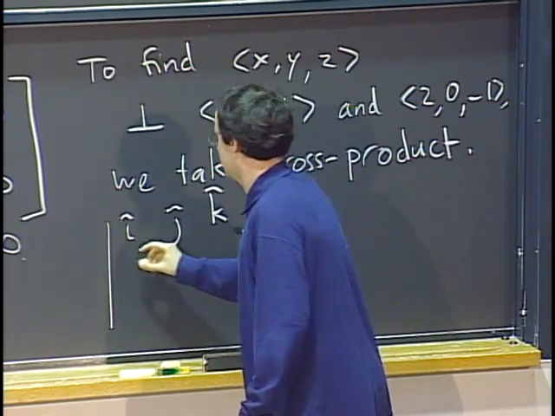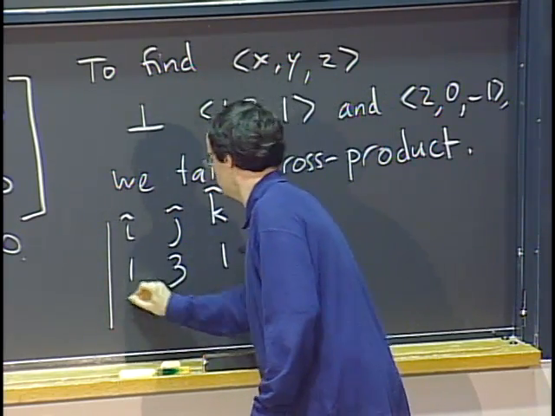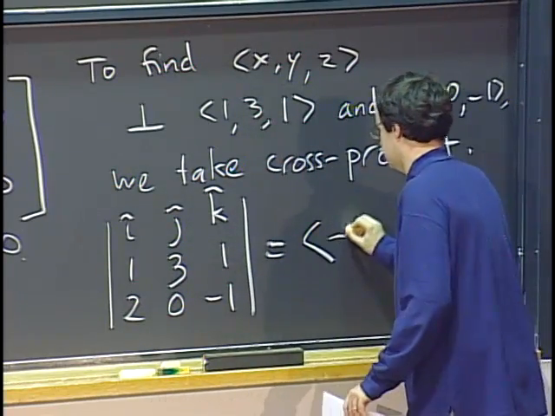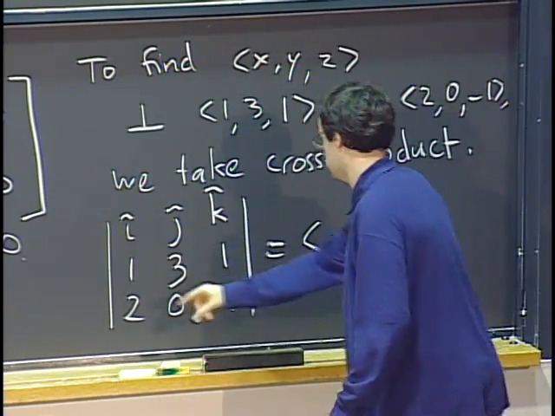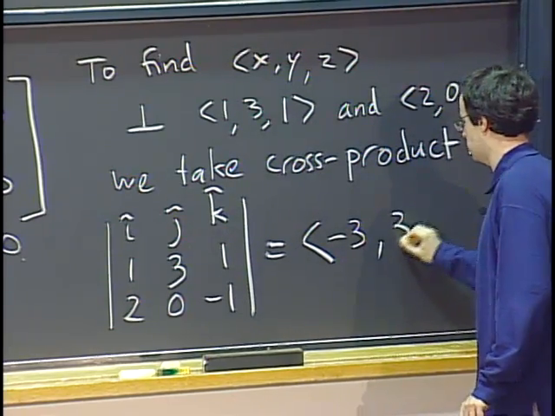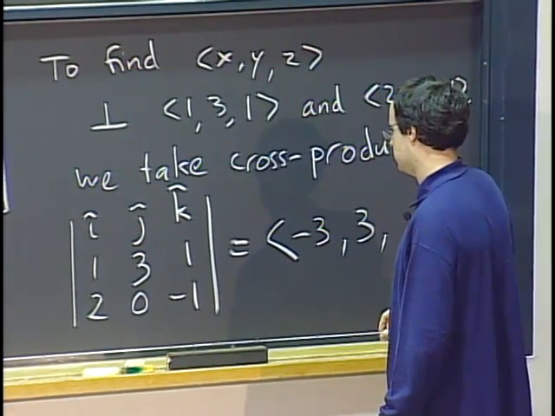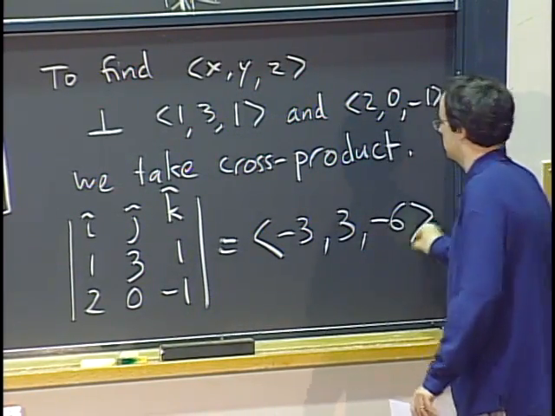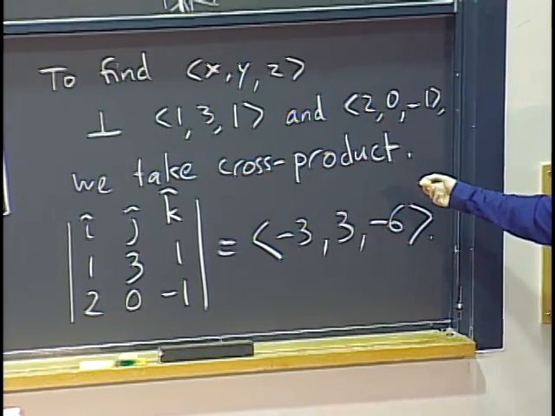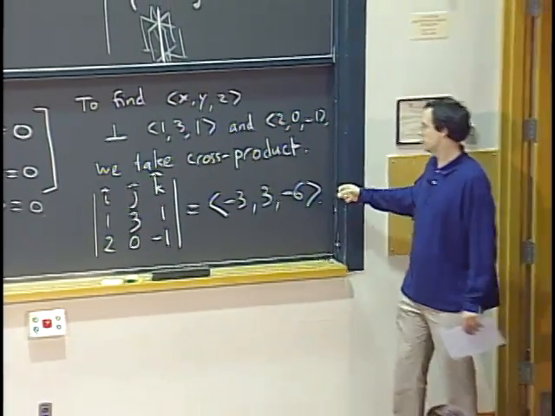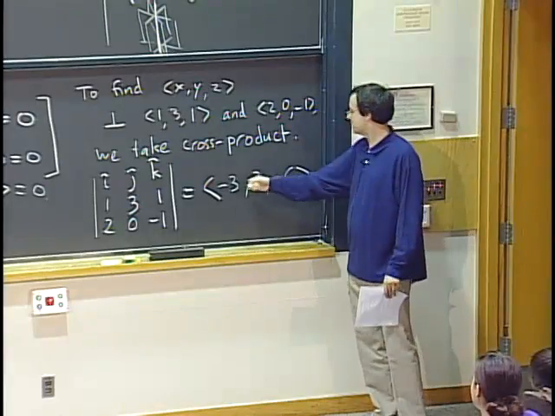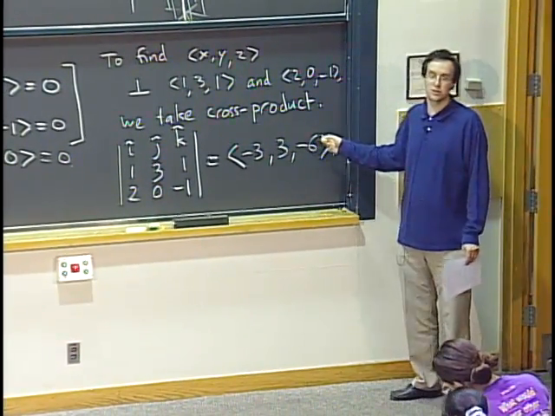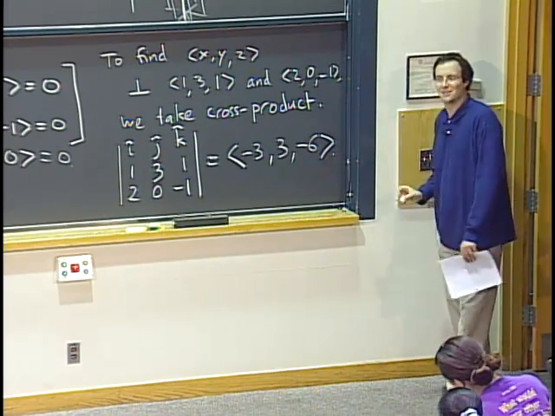Okay. 1, 3, 1, 2, 0, negative 1. That should be negative 3, minus 1, minus 2, probably positive 3, and then negative 6. So that's a solution. And any multiple of that is a solution. So if you like neatly simplified answers, you could say negative 1, 1, negative 2. If you like larger numbers, you could multiply that by 1,000,000. That's also a solution. Okay?